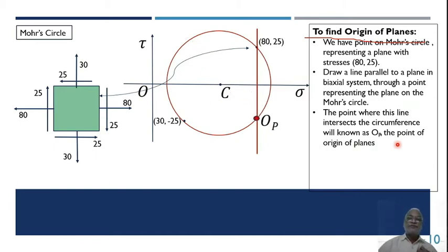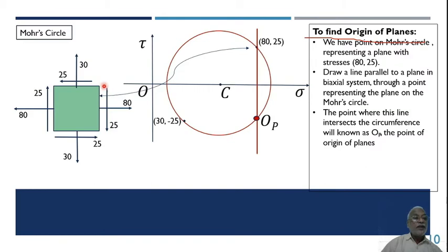That's all, right? You can ask, why consider this plane? Why not consider the horizontal plane? The point representing this plane is 30, minus 25. Yes, you can do that, right? Now the point is here, the plane is there.